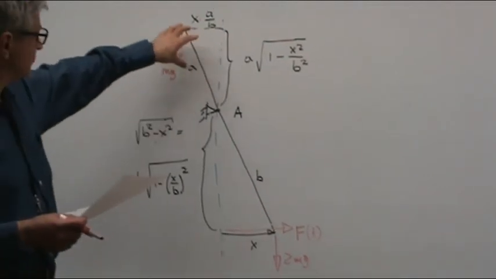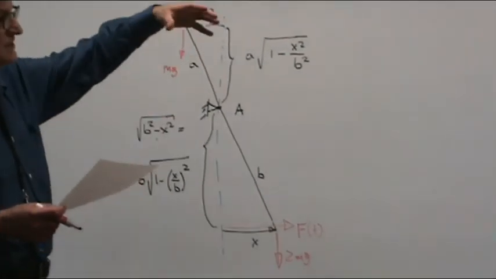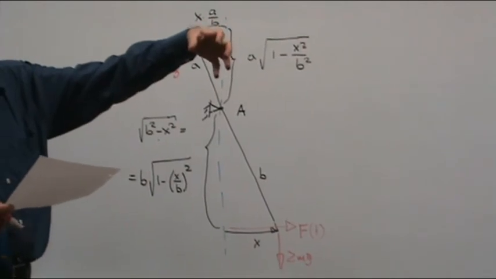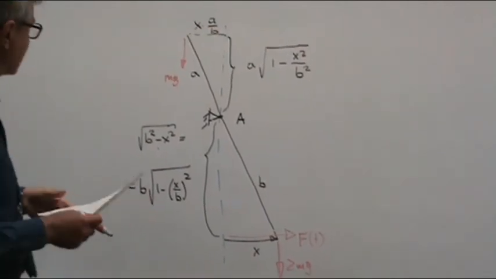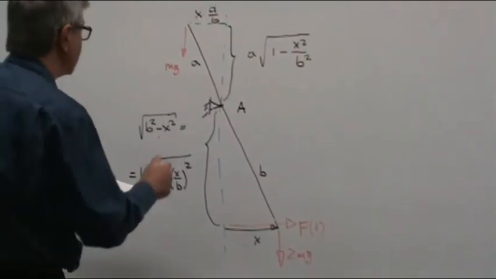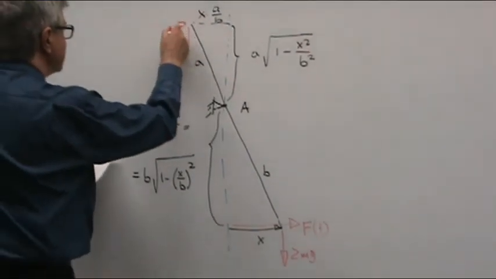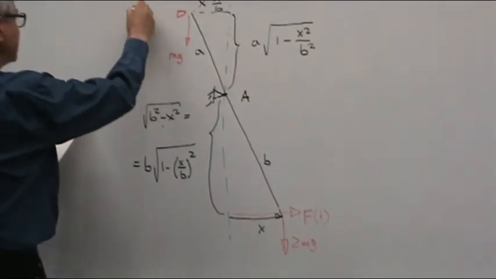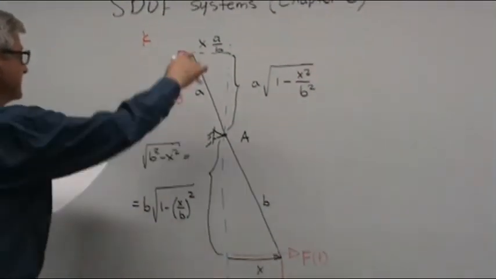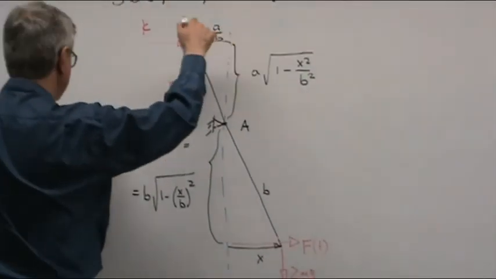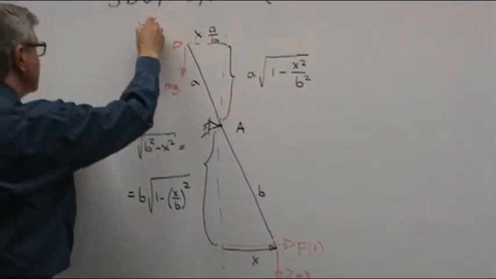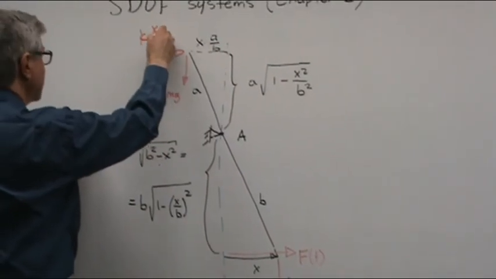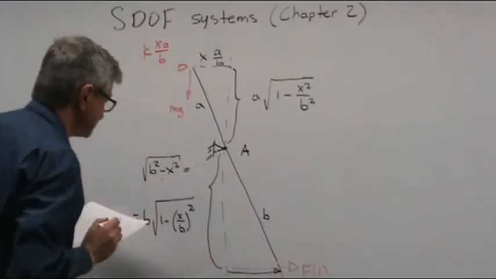When the mass moves to the left, it squeezes the spring. So there is a reaction because of the spring, and this is the stiffness of the spring, K, times the displacement, which is x A over B. Okay? x A over B.